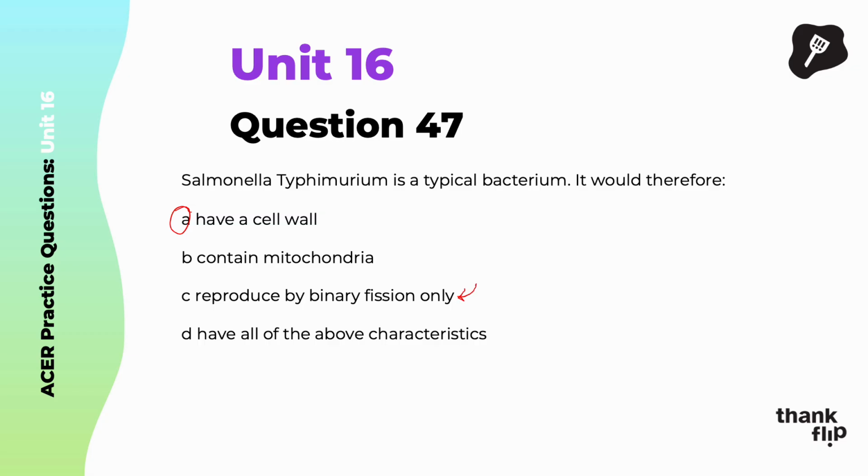They can also undergo some special kinds of sexual reproduction as well, or like gene crossing. So that's also something that you would know if you have this prerequisite knowledge on basic microbiology. And so obviously if B is incorrect, then we can't say D is correct as well. And so, yeah, the answer is A for this one.